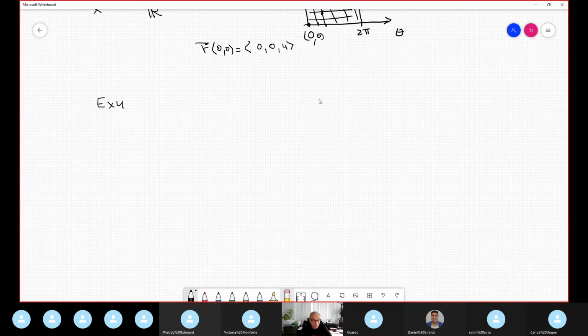Example 4. In example 4, we have a cylinder. Suppose we parameterize this cylinder, with axes x, y, z. Suppose the cylinder is like that.